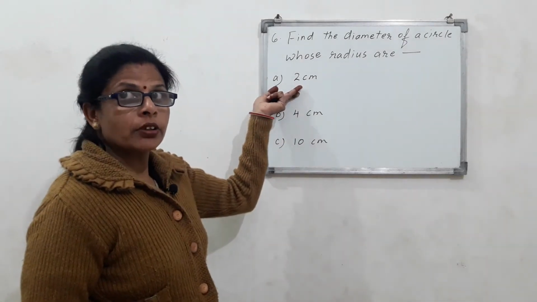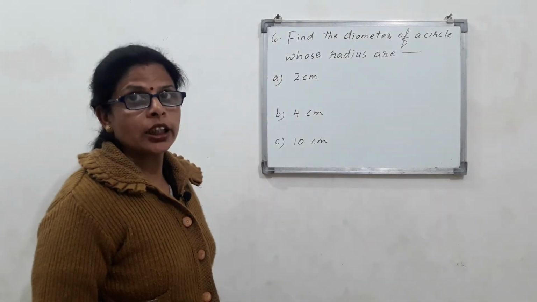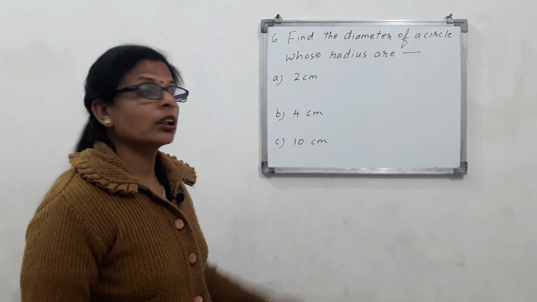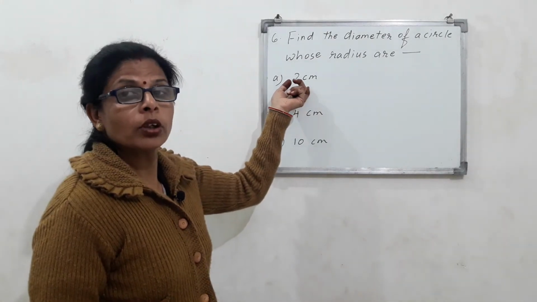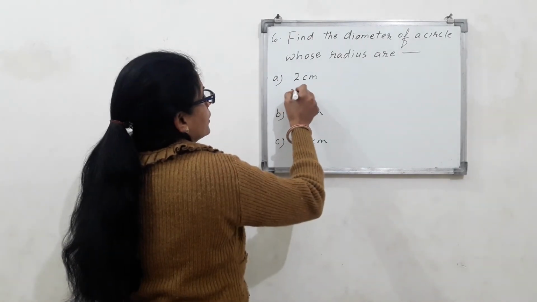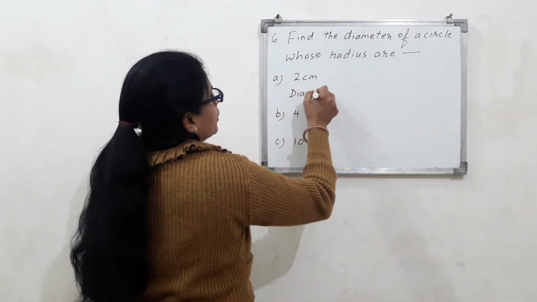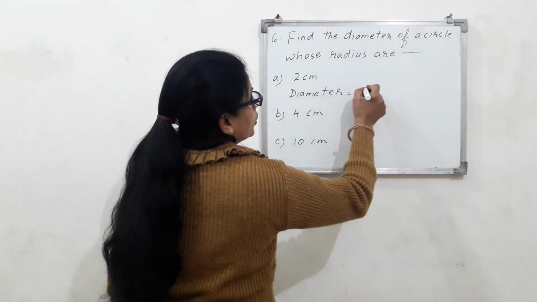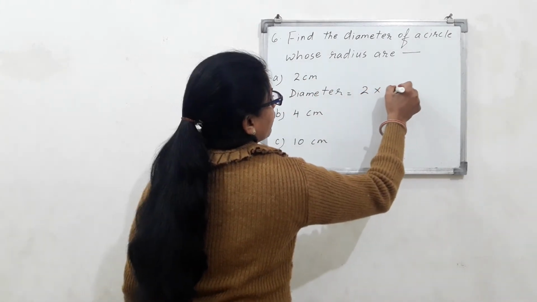The radius is given and we have to find the diameter. So how to find the diameter if the radius is 2 centimeter? What is the formula? Diameter is equal to 2 multiplied by radius.